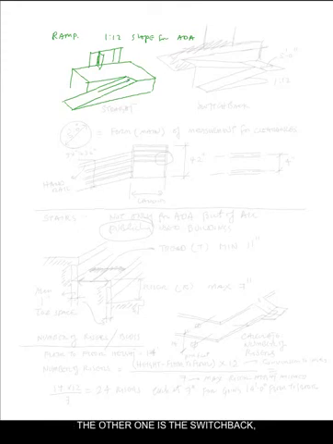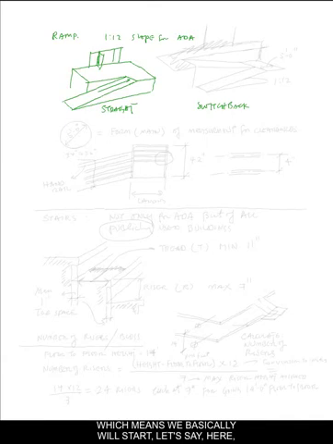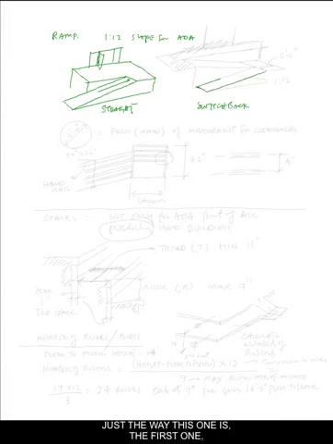The other one is the switchback, which means you basically will start, let's say here, just the way this one is. It's the first one. You come up to a landing.